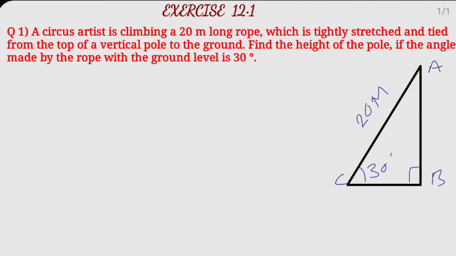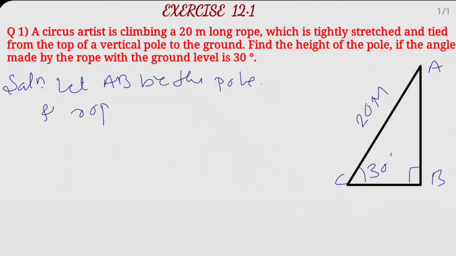So now write down the solution. Let AB be the pole and rope AC is equal to 20 meter.